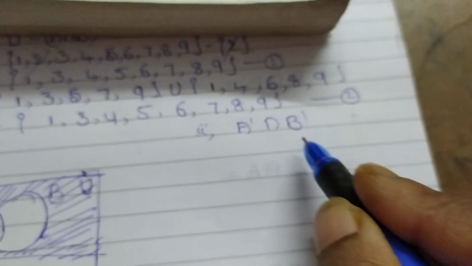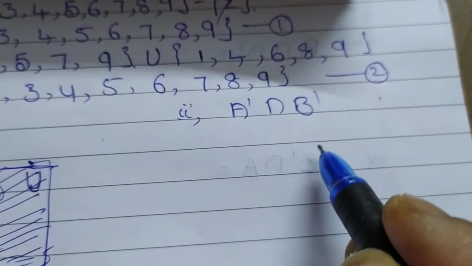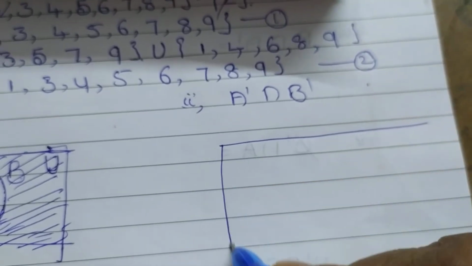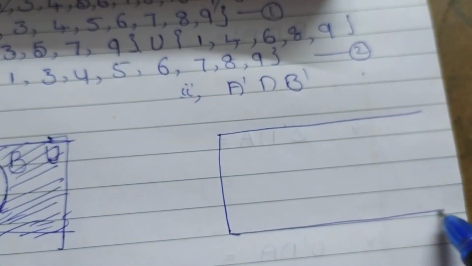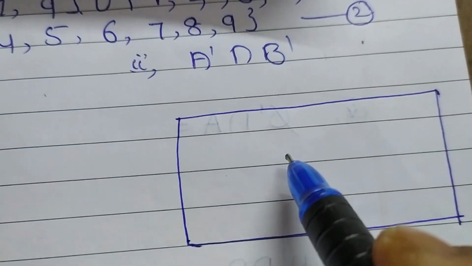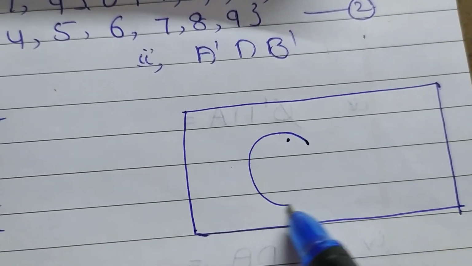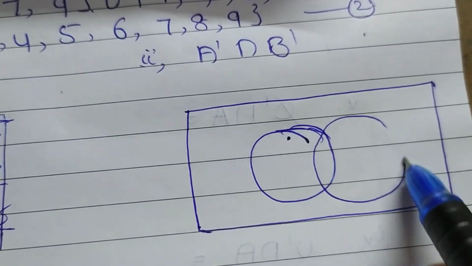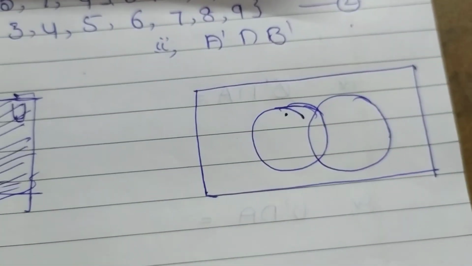Next one, A complement intersection B complement. So this is the universal set. From that, what we should do? A complement intersection B complement.